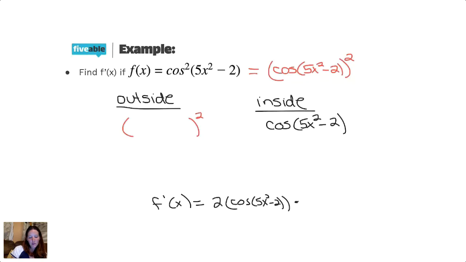And now I need to multiply by the derivative of the inside. So we did step 1, derivative of the outside. We did step 2, copy the inside. Our step 3 is take the derivative of the inside. Well, that's a little bit tricky because the inside is actually another chain rule. So I have cosine and I have 5x squared minus 2. So I'm going to actually have to break this into its own chain rule.